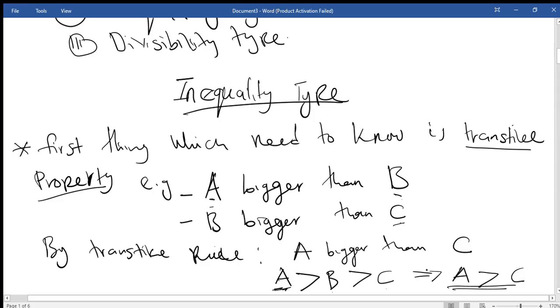One important rule we have to work with in these types of questions is the transitive rule. You have to know it very well. So I'll start with a certain question.